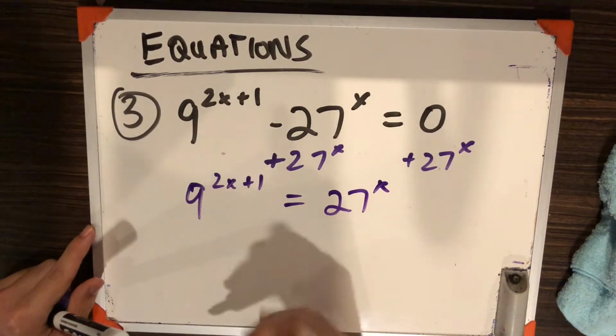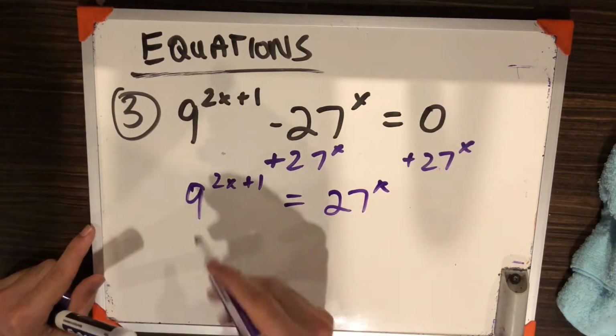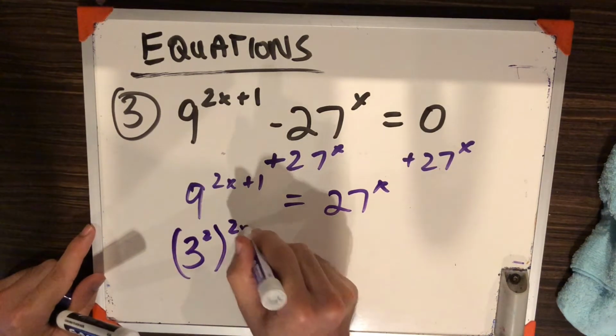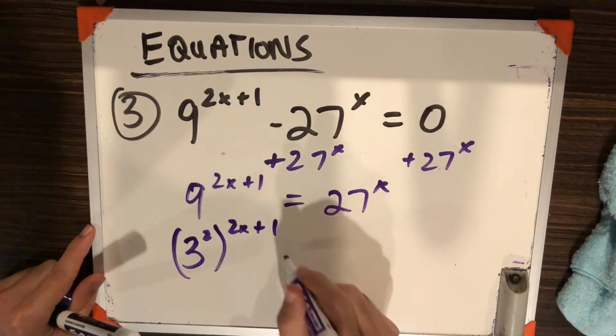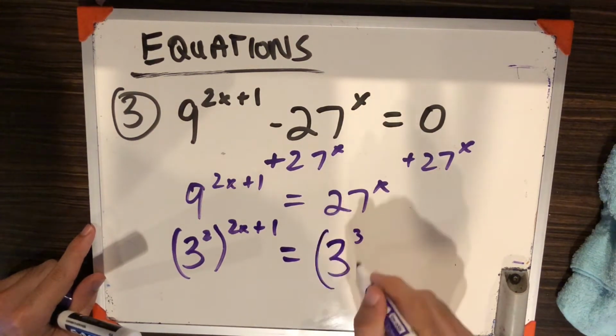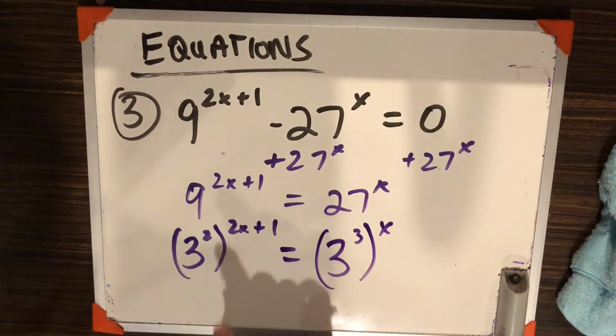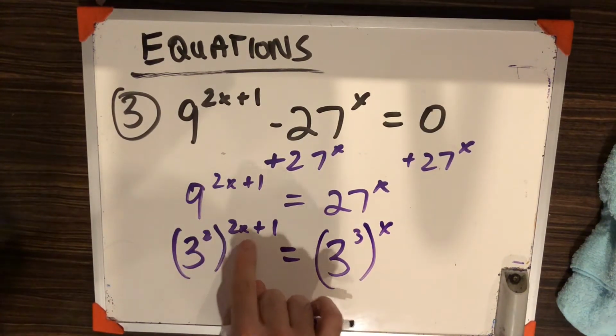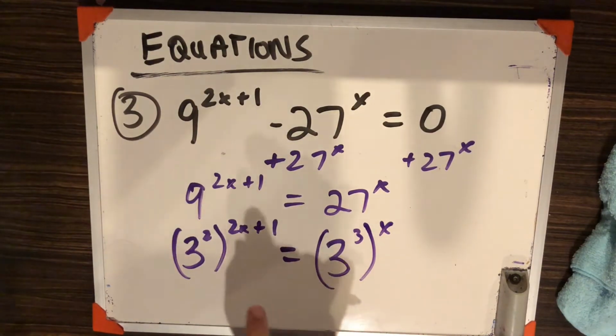Now we can start breaking this down into most likely a base of 3. So 3 squared is the same thing as 9, and then 3 cubed is the same thing as 27. Okay. What we can end up doing here is power to power. 2 times 2x plus 1 is 4x plus 2.